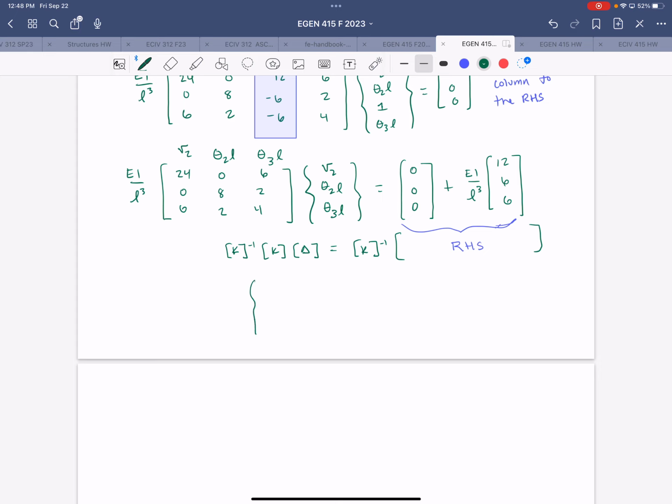So then we would get results of 0.3125 for V2, 0.5625 for theta 2L, and 0.7500 for theta 3L. These results would be in inches.